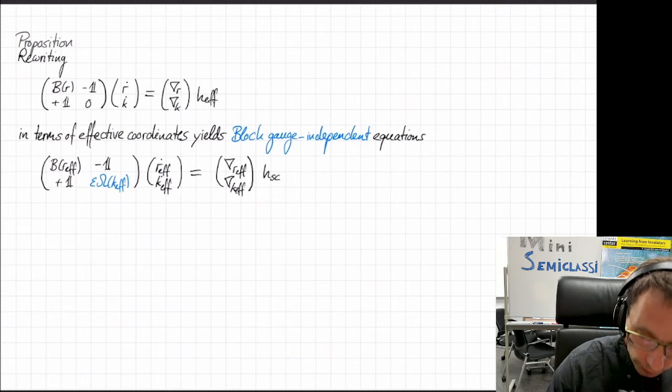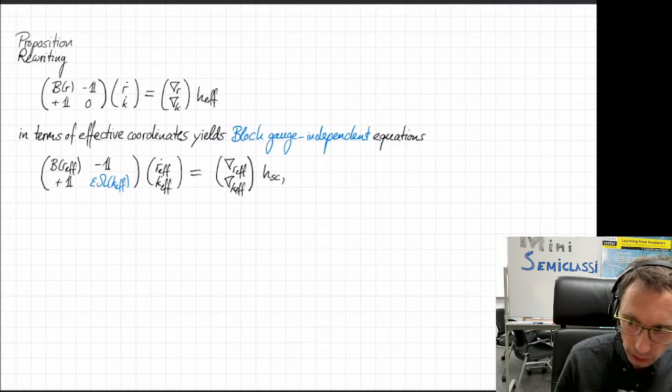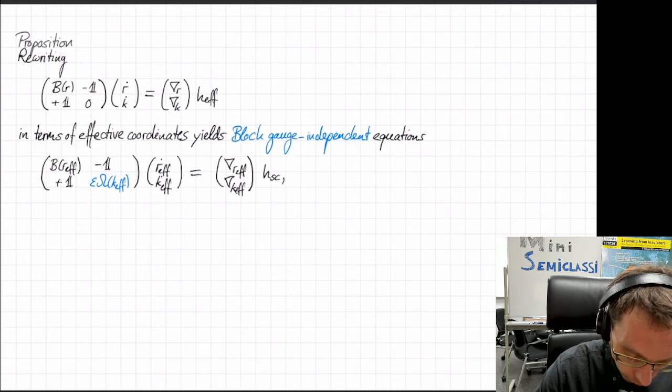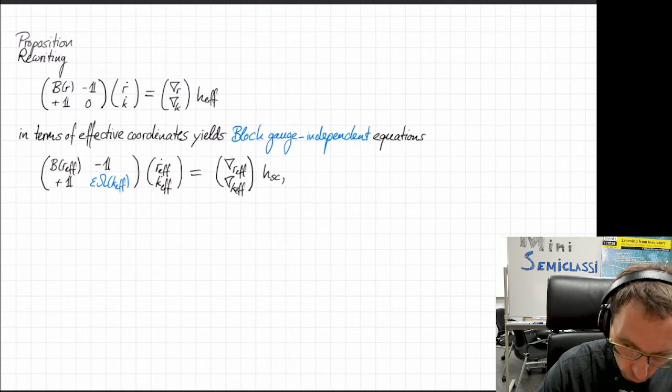And then you have the semi-classical Hamiltonian, and the semi-classical Hamiltonian is, like I said, just H effective in the new coordinates.